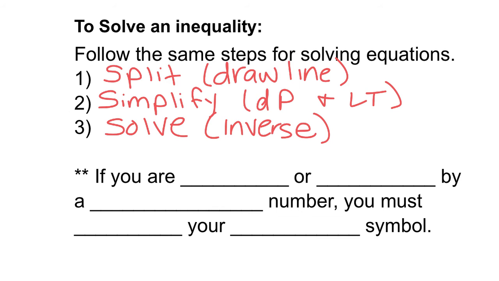If you end up, when you're solving this inequality, having to multiply or divide by a negative number, negatives cause things to change to their opposites. So not only do you have to change the sign of whatever you are multiplying or dividing, you also have to flip the inequality symbol to be the opposite of what it was.